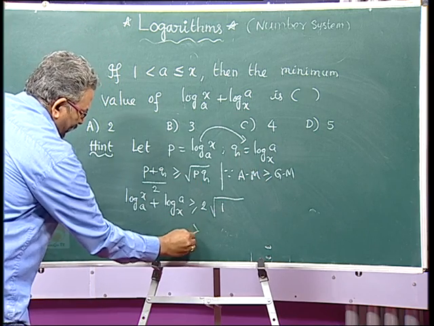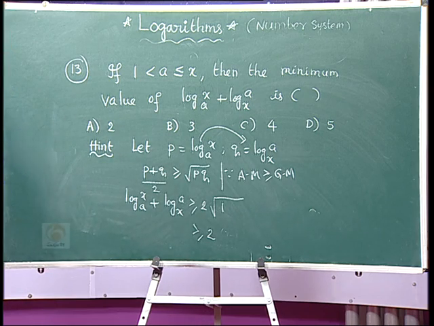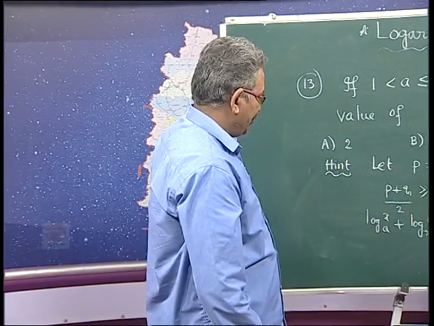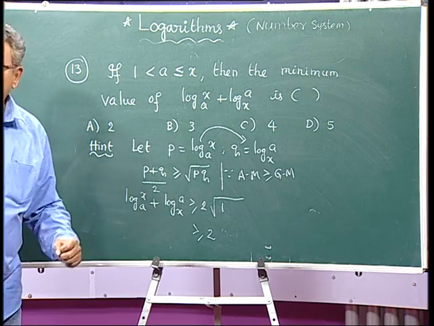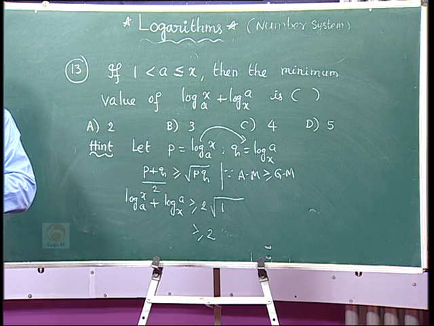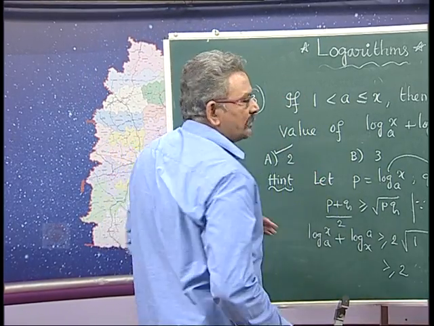So that is greater than or equal to 2. That means log x base a plus log a to the base x takes values from 2 to infinity. Which will be the minimum? It is obvious, 2 will be the minimum value. So, A will be the right option.